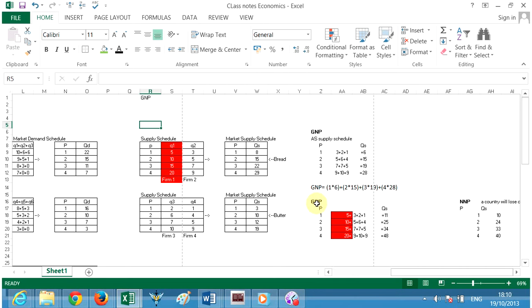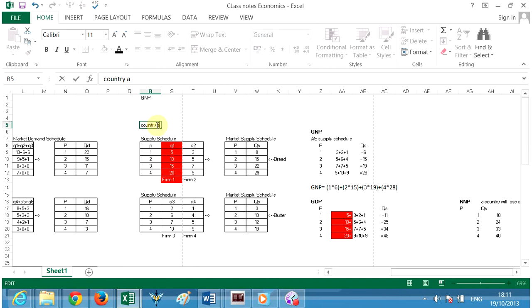Now, GNP is important because, going back to our original supply schedule of bread, this red firm here is a firm that operates within our imaginary country, but our country, let's say, is Singapore. Actually, let's say our country is country A, okay?